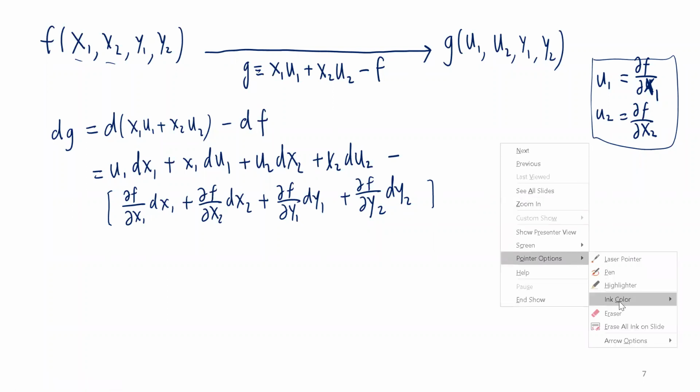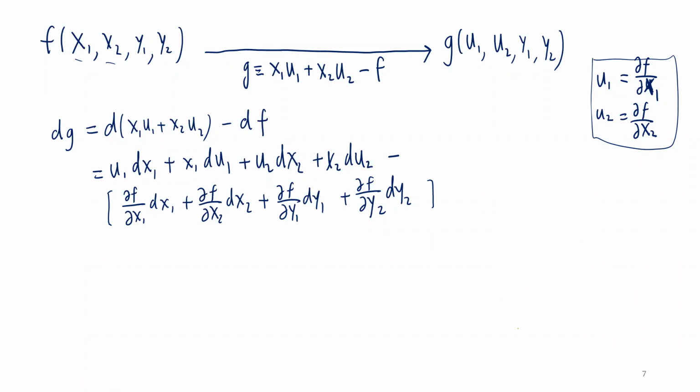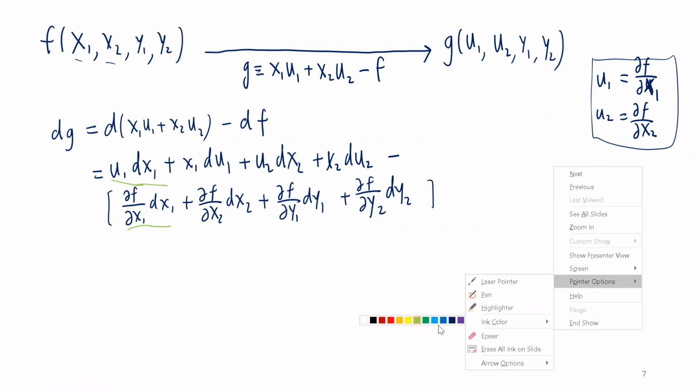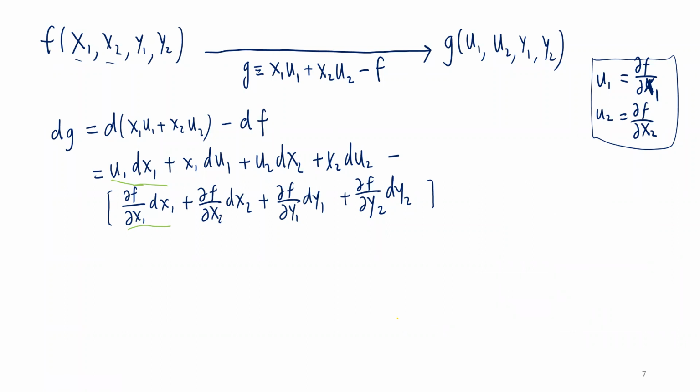Now notice that this term cancels this term, because u1 is partial f partial x1. And this term here will cancel this one.